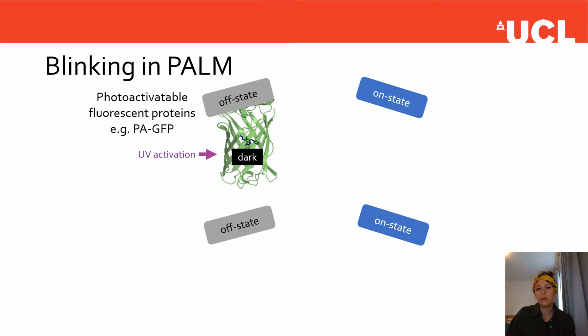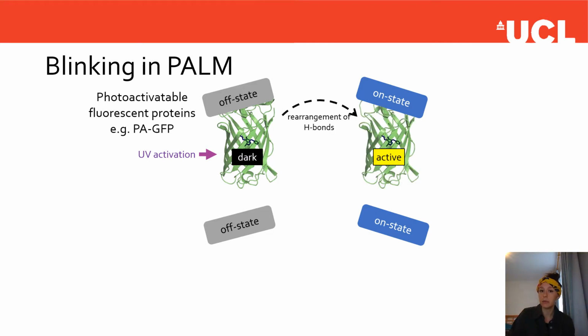If, however, I shine some ultraviolet activation light onto my GFP, some of my molecules will randomly undergo a rearrangement of hydrogen bonds to activate the chromophore.